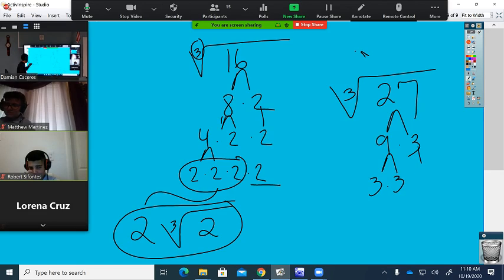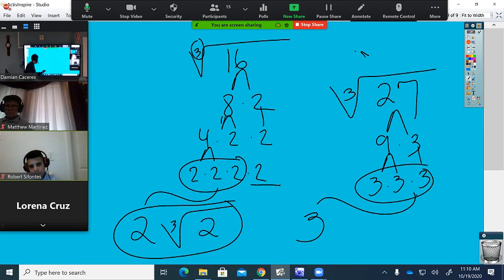This 3 gets pulled down. Now, does anything repeat 3 times? Yes, it does. If the 3 repeats 3 times, it comes out 1 time. Since there's nothing else left here, you know that the cubic root of 27 is 3.